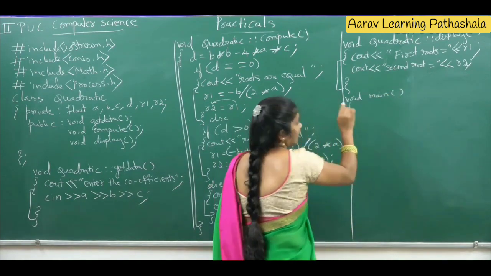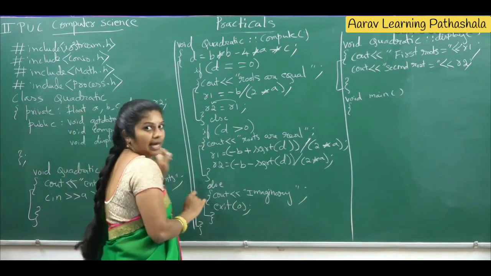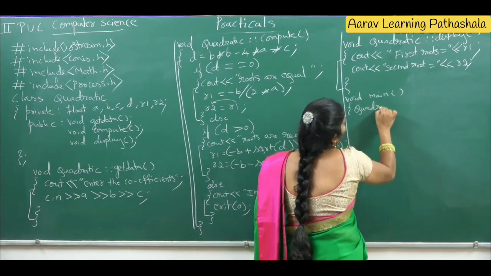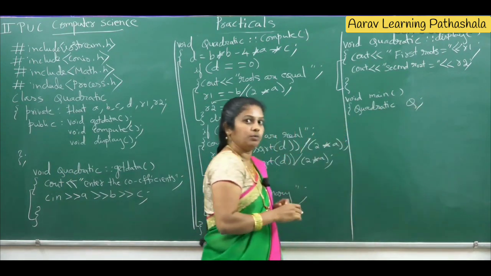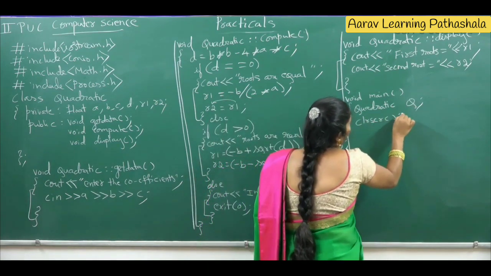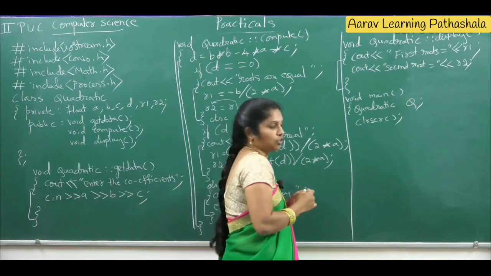Here, first create the object. How to create the object? By using the class name, then the object name. The class name here we have given is quadratic. Leave one space. Q is the object name. Then clear screen function. Call the functions one by one by using the object of the class.